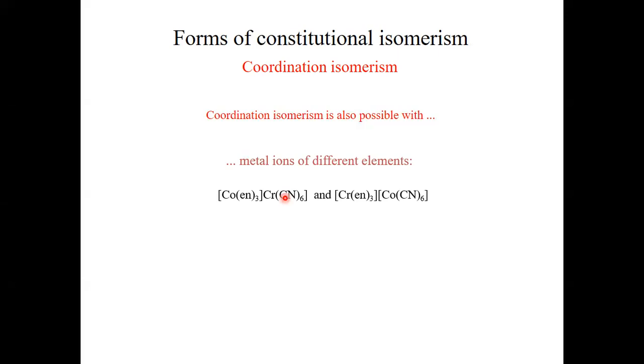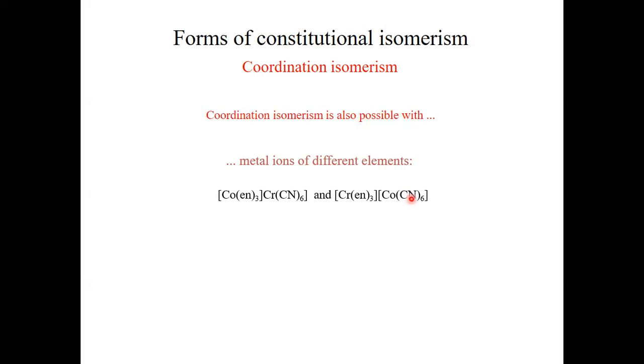Now we can swap the cobalt and the chromium, and that gives this coordination isomer here. In this isomer, we have the ethylenediamine ligands bound to the chromium, making now the complex cation, and these 6 cyano ligands bound to the cobalt, now making the complex anion.